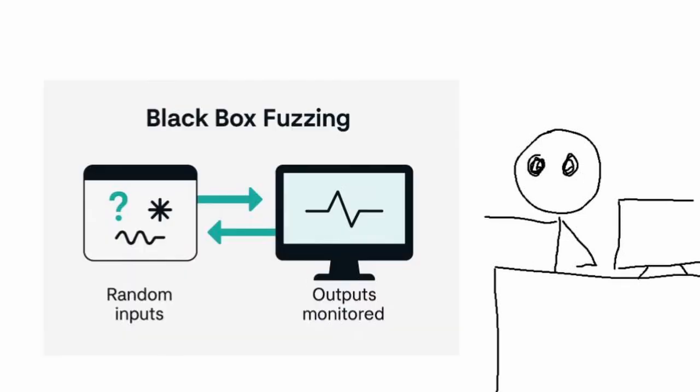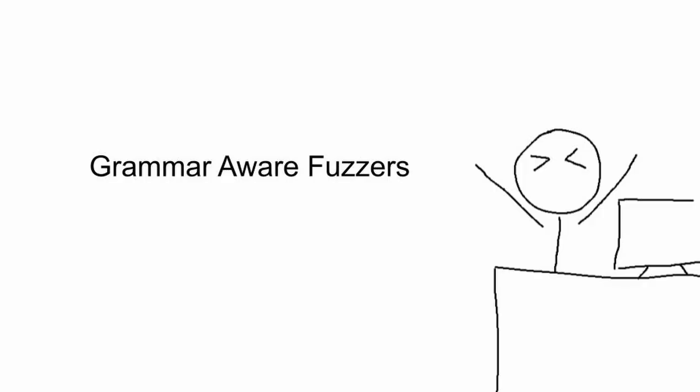These random inputs might just be straight up rejected because the PDF application needs every input to follow that grammar structure. A grammar-aware fuzzer would know this and be able to provide only inputs that follow the exact grammar provided by the application. So, of course, having a grammar-aware fuzzer could greatly increase the efficiency of the fuzzer because none of these inputs are going to be rejected by the interpreter or the application that we're fuzzing, right?